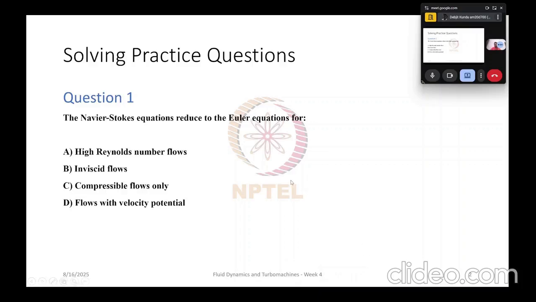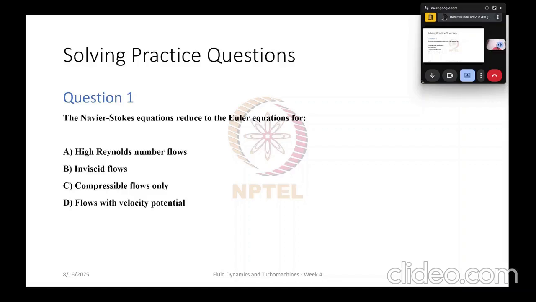So, question number 1 is asking us that the Navier-Stokes equations reduce to the Euler equations under what conditions? Is it option A, high Reynolds number flows?